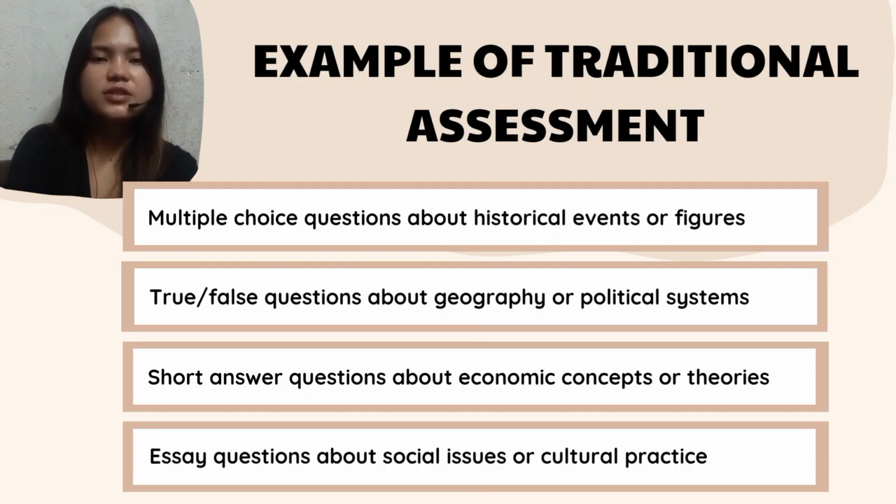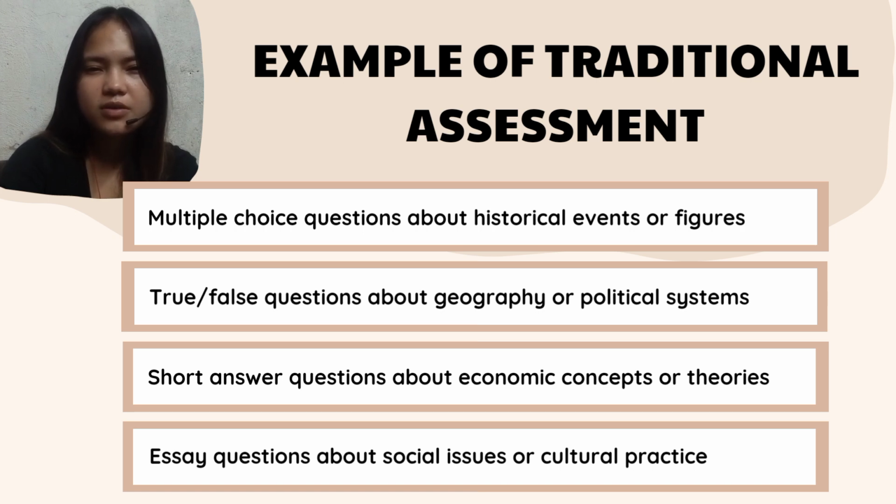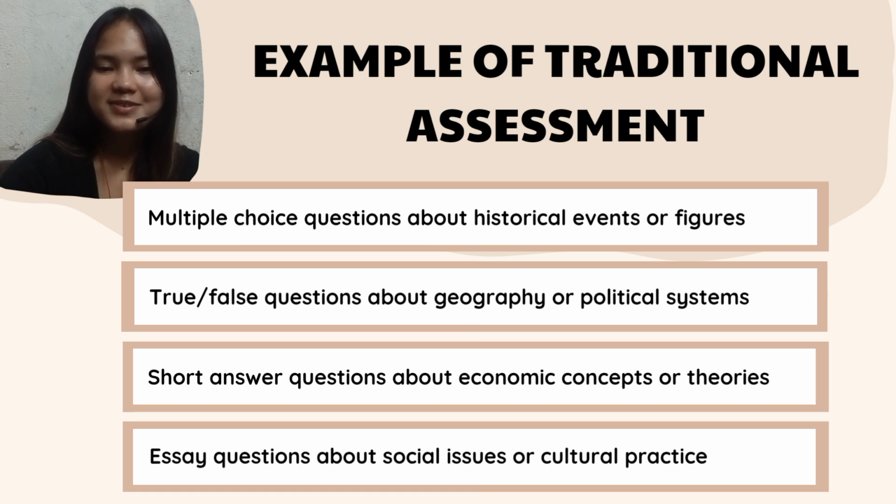Okay, now let's move on to the examples of traditional assessment in social studies. For example, giving multiple choice questions about historical events or figures, true or false questions about geography or political systems, short answer questions about concepts or theories, and essay questions about social issues or cultural practices.